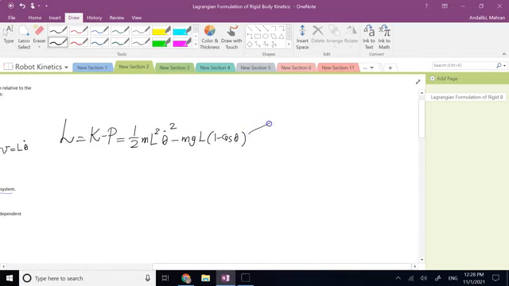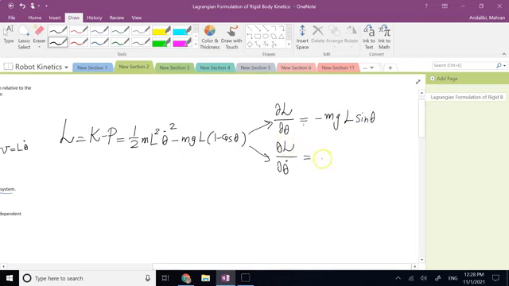So here I first calculate the partial derivatives that I need. One of them is the partial of this Lagrangian with respect to theta. The other one is the partial of this guy with respect to theta dot. And the partial of it with respect to theta, clearly you see the only term you have is positive mgL cosine theta, so it's going to be negative mgL sine theta.